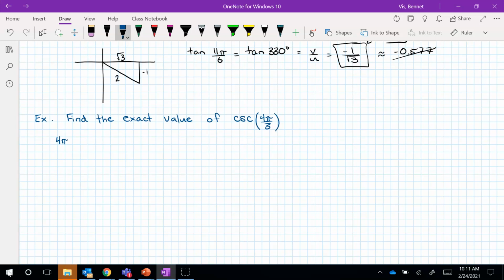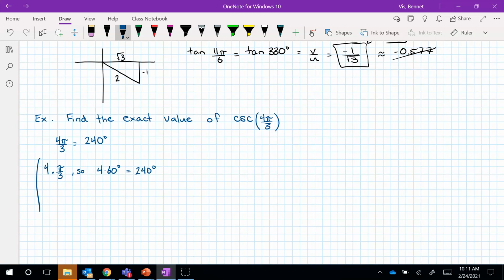Okay, this is how I think about this problem. I know that 4 pi over 3 is 240 degrees, or 30 degrees before 270. How do I know that? There's a few different ways. Again, I could say 4 pi over 3 is 4 pi over 3s, so 4 60s, which would be 240 degrees.